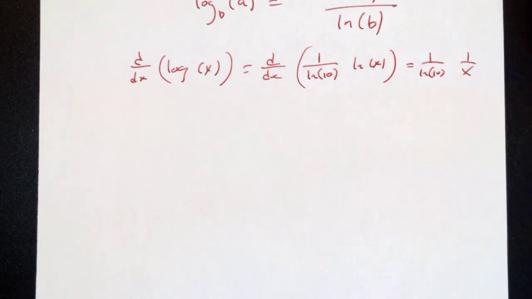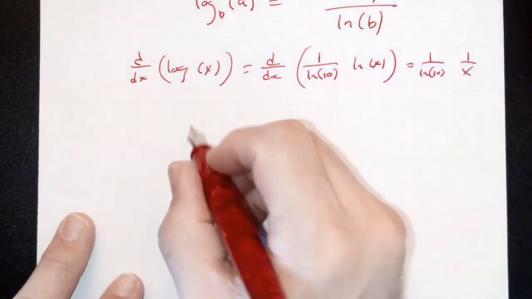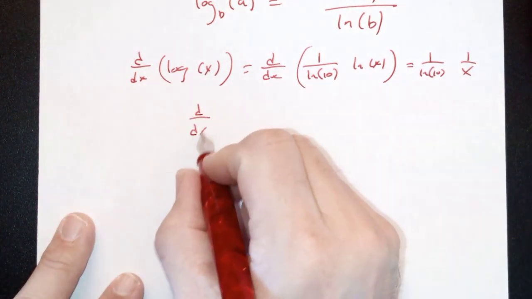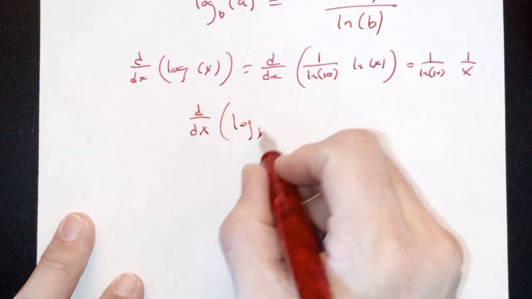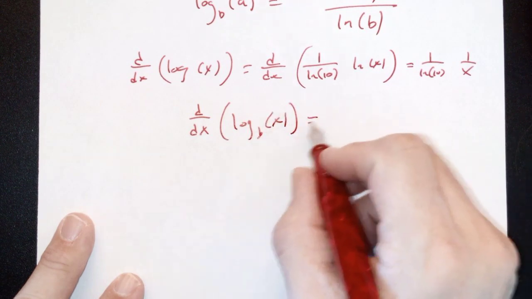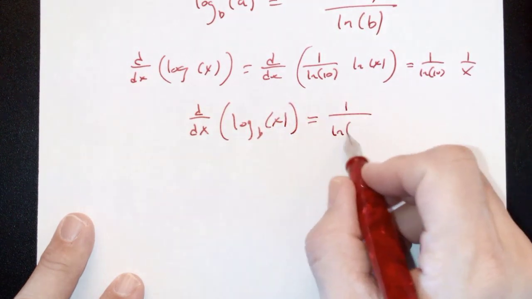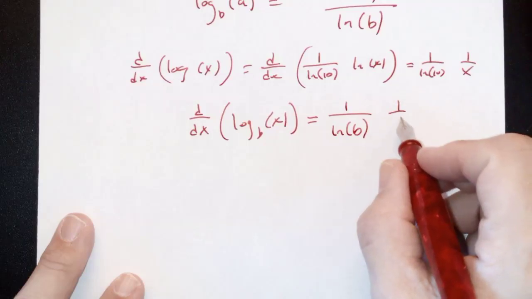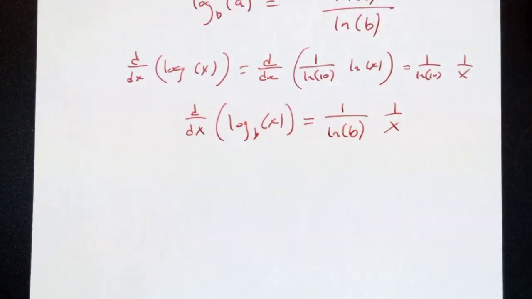But in general, the derivative of log base b of x is 1 over ln of b times 1 over x, as long as b is any number bigger than 0 except 1.